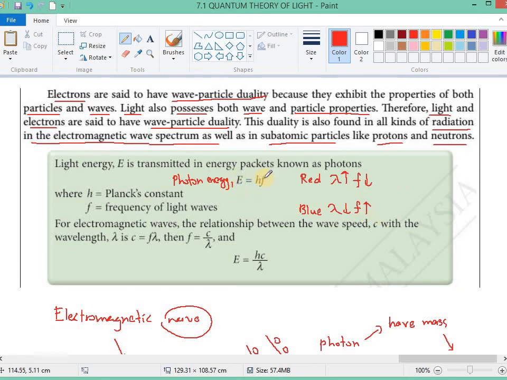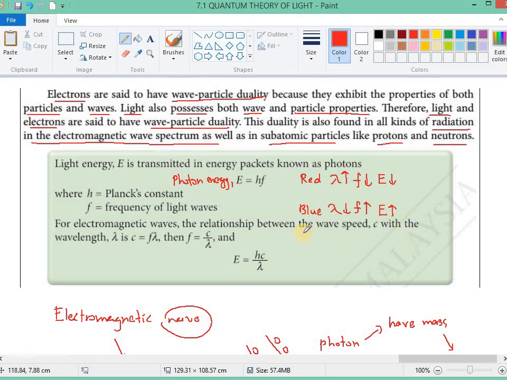So from this relationship, the photon energy is directly proportional to the frequency of the light. The photon of the red light will have lower energy, while the photon of the blue light will have higher energy.